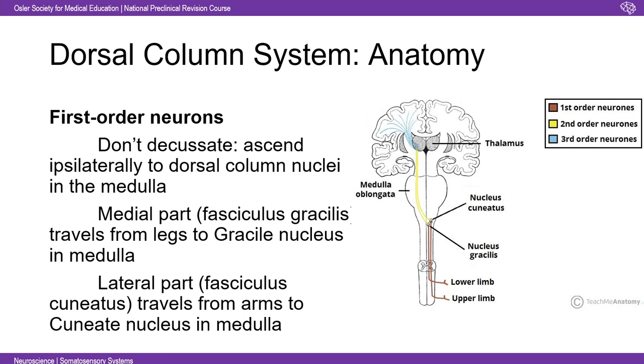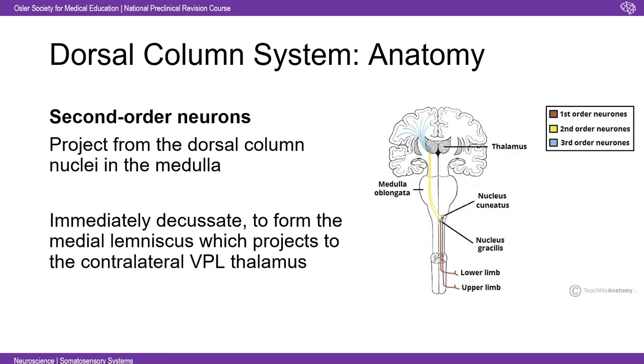So that's still your first neuron, and then we get to the medulla, where it synapses to form the second order neuron. The second order neuron immediately decussates. It then forms something called the medial lemniscus, which is, for the vast majority of its course, now contralateral to where the stimulus originated, and therefore on the same side of the brain as where this information is going to be represented.